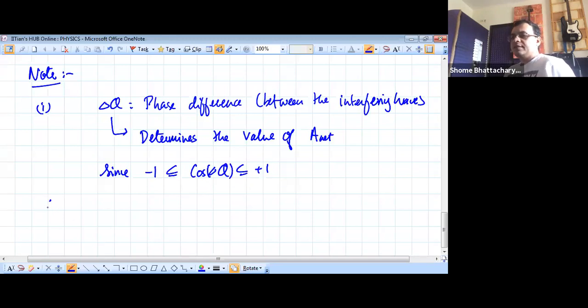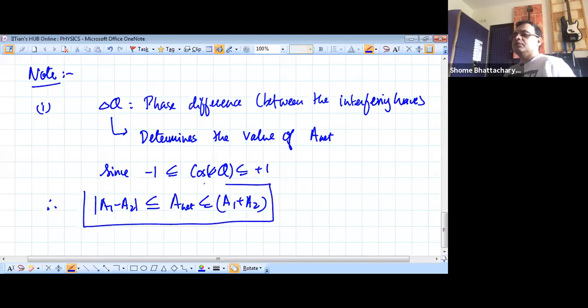Therefore, our net amplitude cannot be larger than the sum of the amplitudes. That you can understand from that formula. When cos delta phi is +1 it becomes the sum, and this cannot be less than the difference of the amplitudes. So the maximum value of net amplitude that we can get is this.